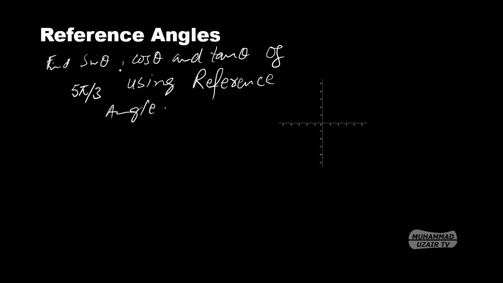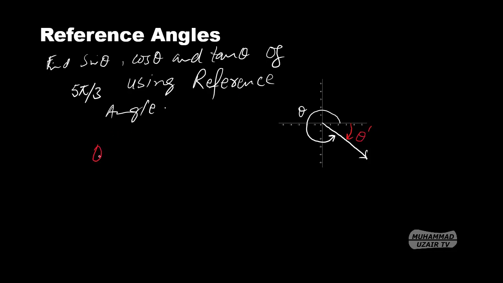As we know, 5 pi over 3 is in the fourth quadrant, so this will be theta and this will be theta dash.